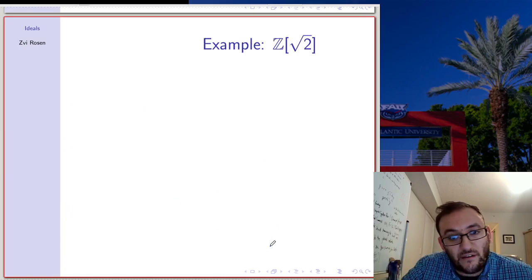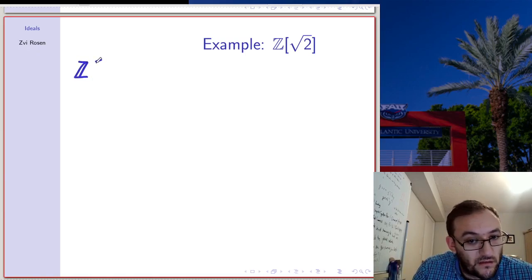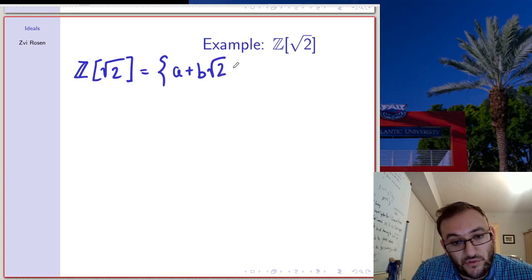Now let's think about Z adjoin square root of 2. So this will be the set of real numbers of the form a plus b root 2, where a and b are integers.